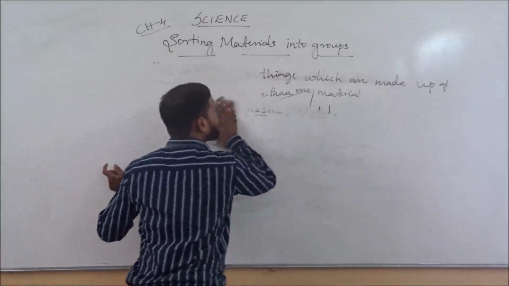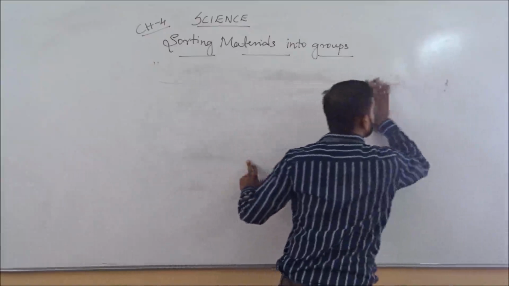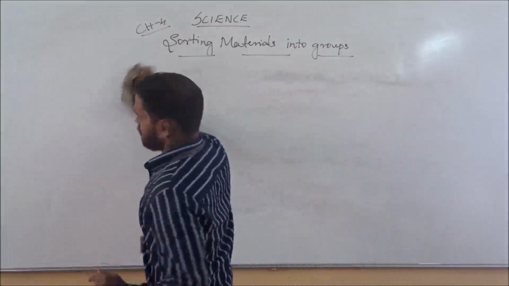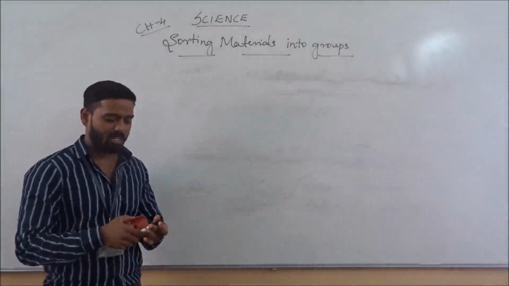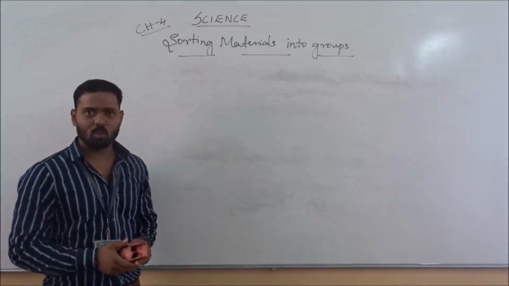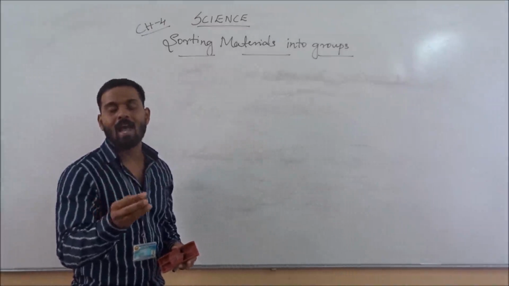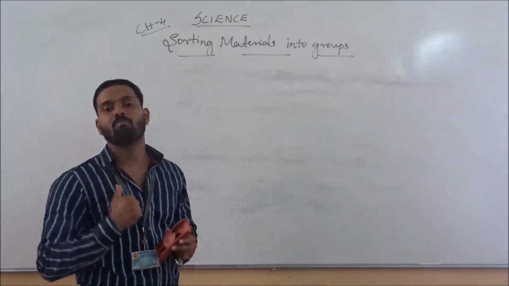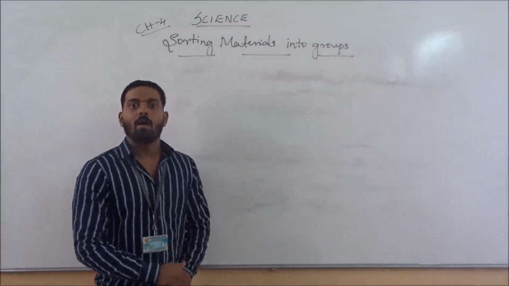So after understanding objects and materials, materials means what? Just now I told you. Let us recall what we have studied. If you want to understand sorting materials into groups, first we need to understand what an object is, what a material is, and examples of objects and materials.